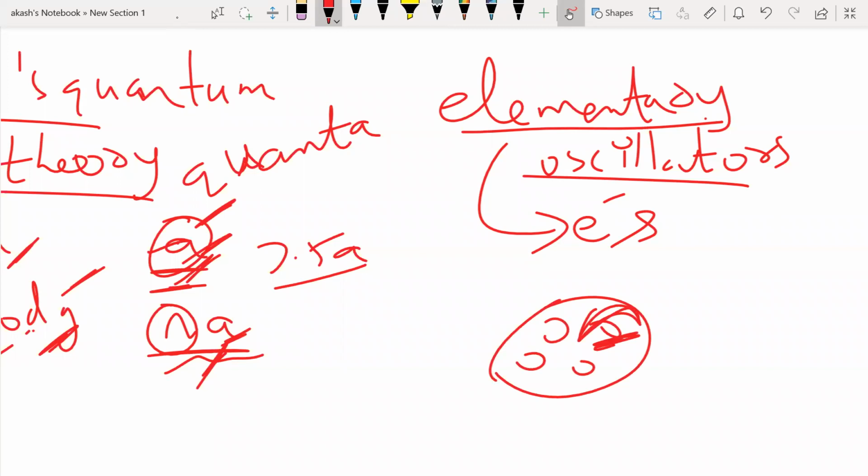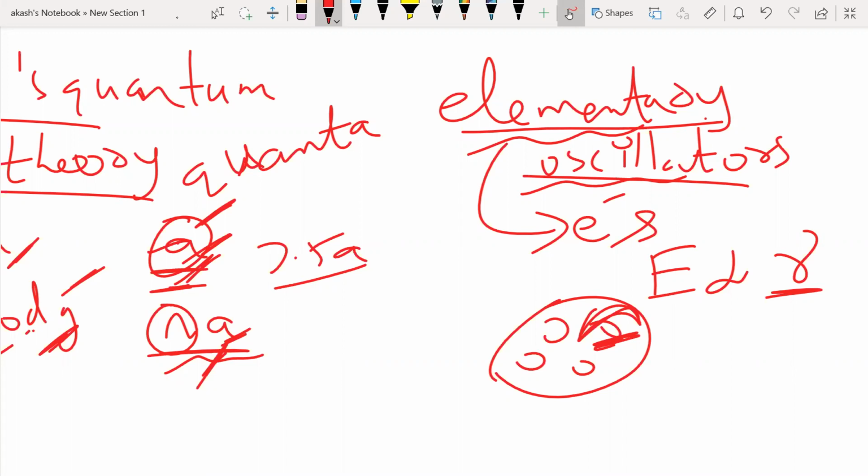What he said is that the energy of these oscillators, these electrons, is proportional to the frequency at which the oscillations are happening. What is frequency? The number of cycles per second.